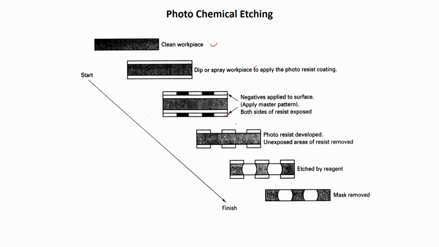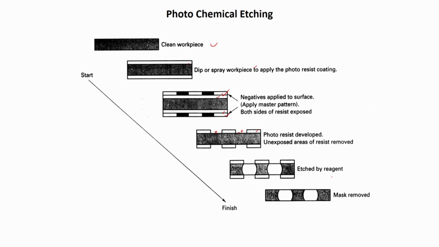So this is the master pattern and this is the photoresist material here. After that it is exposed to ultraviolet ray. After exposing the workpiece under ultraviolet ray, the photoresist is developed, and the unexposed areas of the resist are removed.